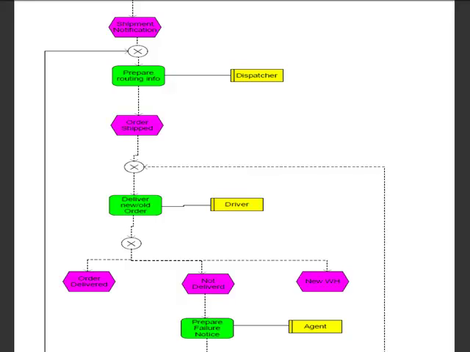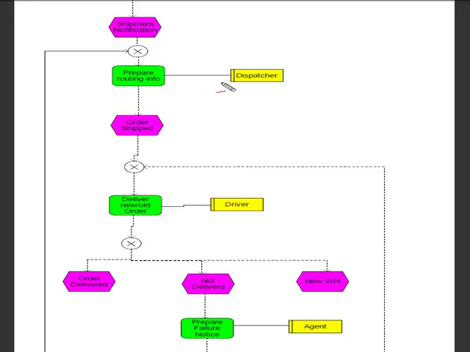Now, one thing that you haven't quite managed to capture is that there's two kinds of deliveries that actually occur. There's deliveries that go from a warehouse to the agent or from a warehouse to another warehouse. And then there's deliveries that go from the agent to the customer. All right, and you haven't quite dealt with that satisfactorily.